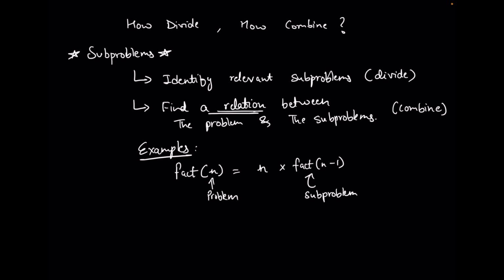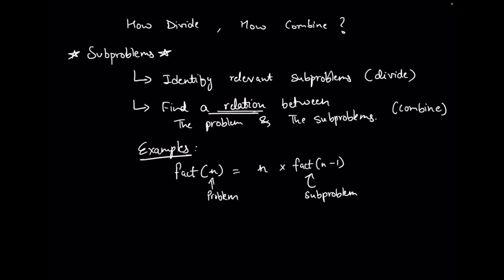So through these examples, I hope it's clear why we need to focus on our subproblems, and that the crux of developing a recursive algorithm is finding this relation between the problem and the subproblems. A couple of things I wanted to point out here. Firstly, when I say a relation, it might not always be a concise formula like this. It might be an algorithm that you need to execute on the solutions of the subproblems to get the solution of the problem.